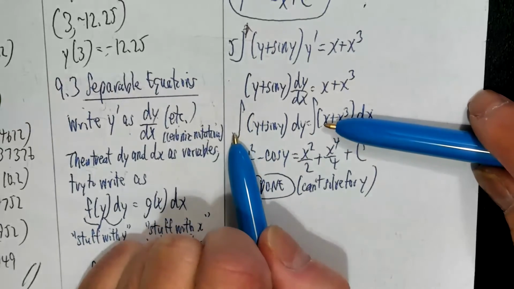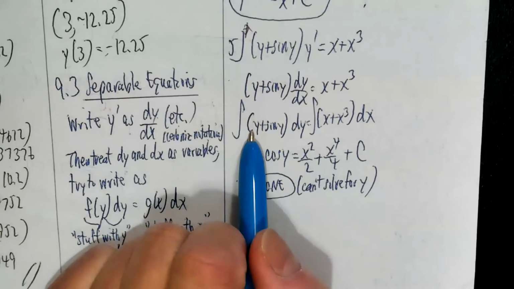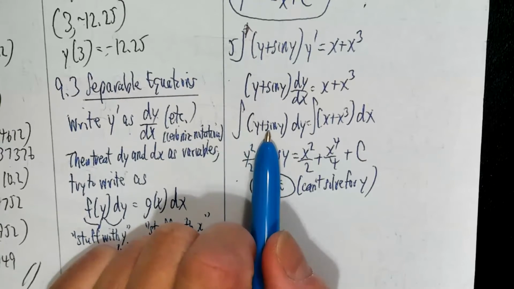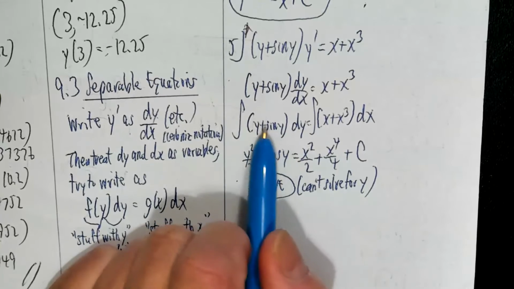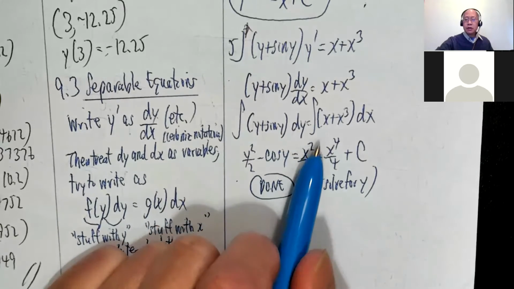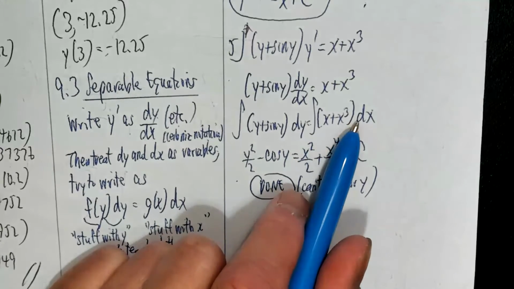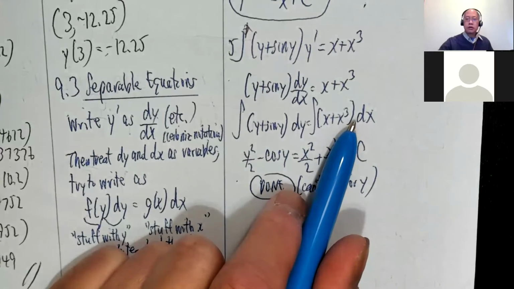Then I integrate both sides. And it even looks right, because over here, it's y plus sine y dy. And normally when you integrate, it's supposed to be a dy, right? And likewise over here, when you have a bunch of stuff with x, you're normally supposed to have dx, and it is. So even the notation works fine.